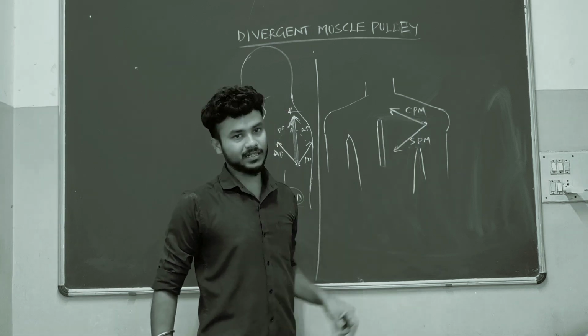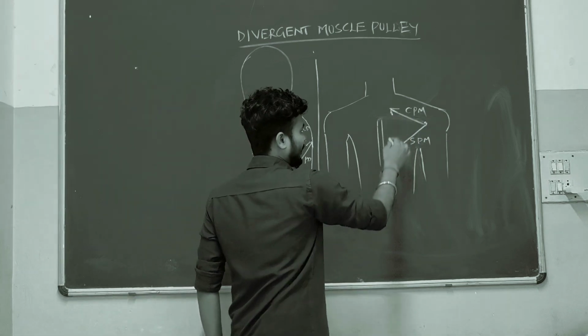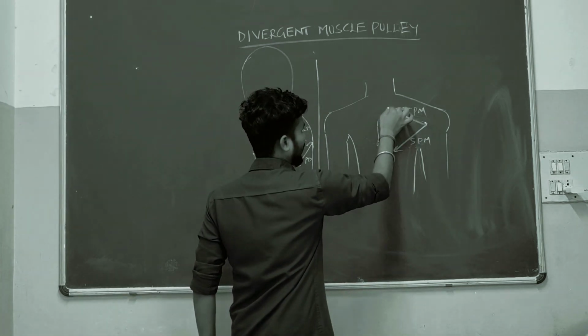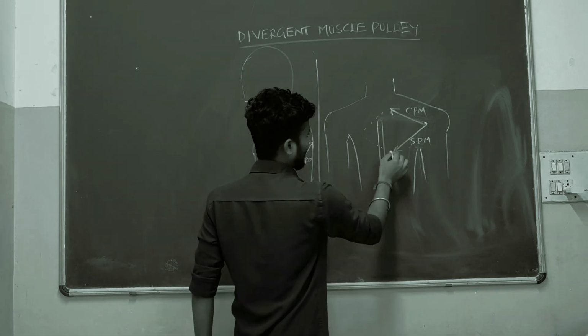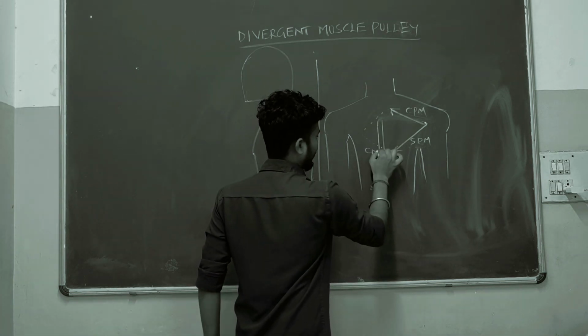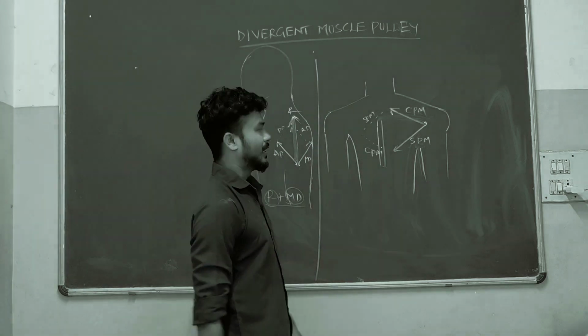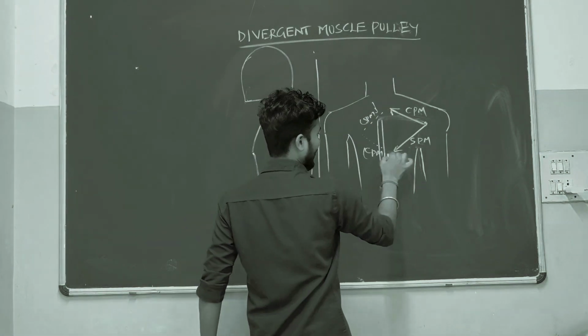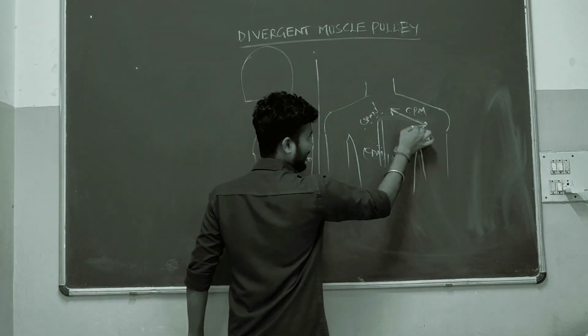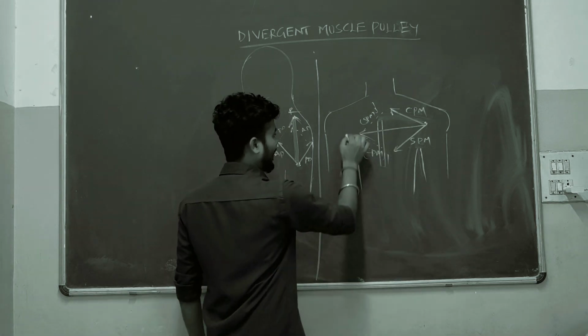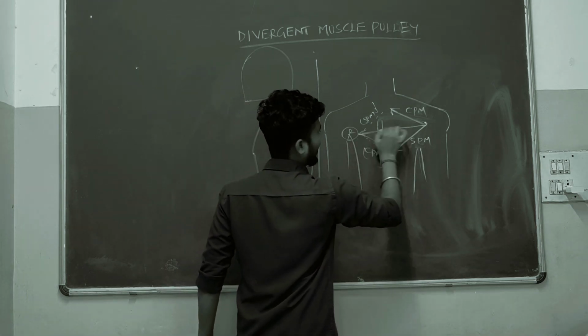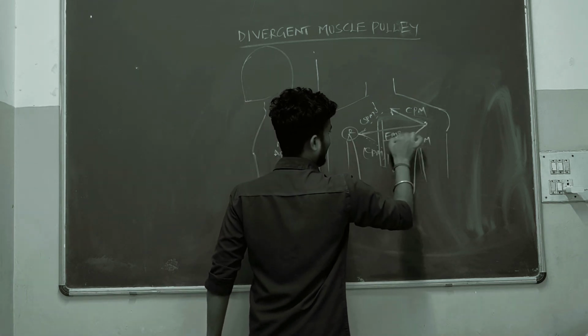So these are the two directions. If we draw the polygon method, this is for the clavicular portion, and this is for the sternal portion of the pectoralis major muscle. The direction of the muscle will be like this. The resultant will be diagonal. This is the FMS.